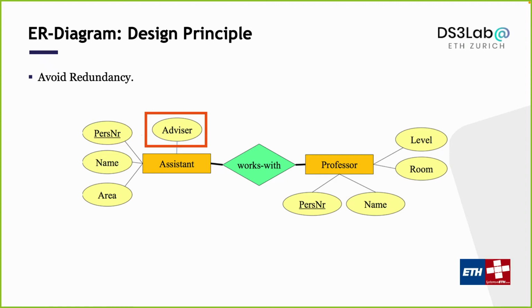Down the road, when you are really trying to optimize your application, as we are going to see, in some cases you want to introduce some redundancy to make sure your system is fast, okay? But highly likely, you will not do that in the conceptual modeling part. During conceptual modeling, try to avoid redundancy as much as possible, okay?